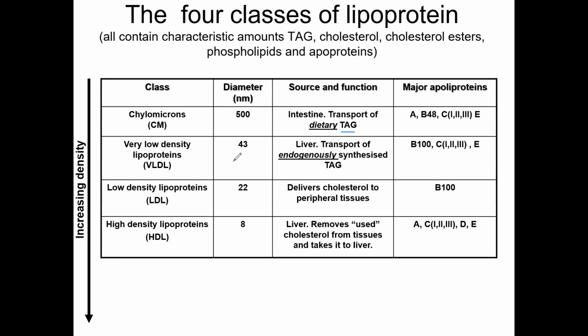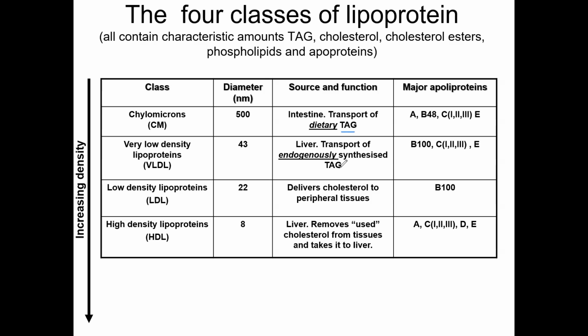For the very low density lipoproteins, they are found in the liver, and the major function is to transport endogenously synthesized triacylglycerol. Our body also synthesizes triacylglycerol, especially after absorption. We know that the fatty acids and glycerol re-esterify themselves, and we also have other methods where there is de novo synthesis of triacylglycerol.